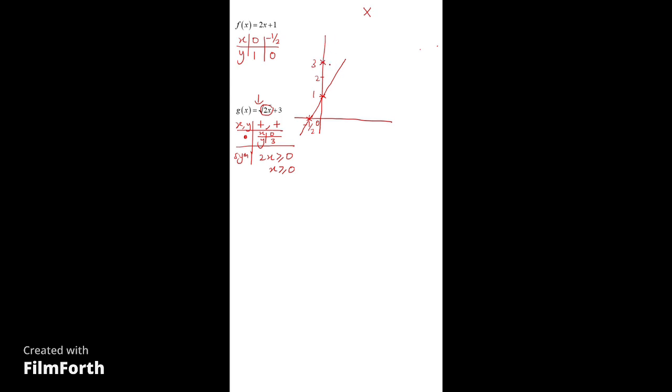Then the symmetry is x greater than or equal to 0, meaning that the graph is only at the right of x equals 0.